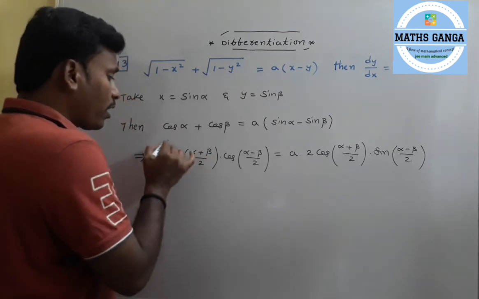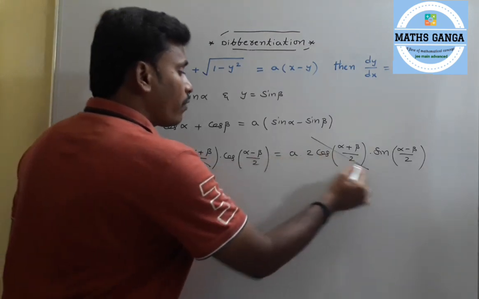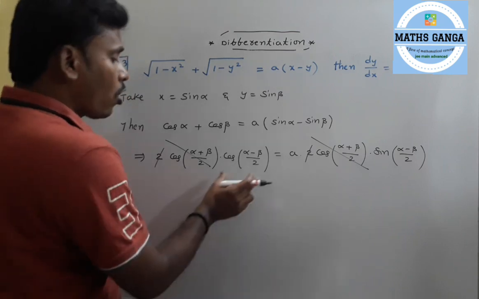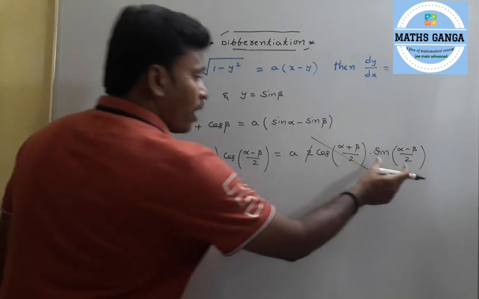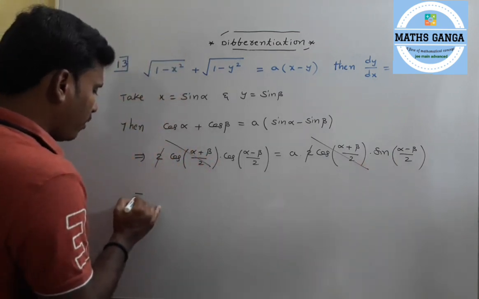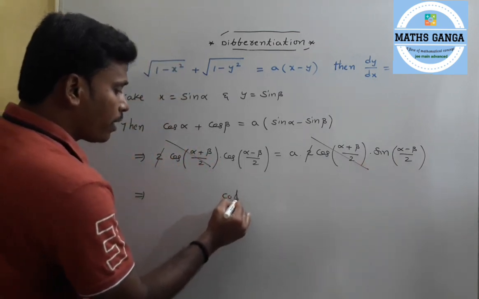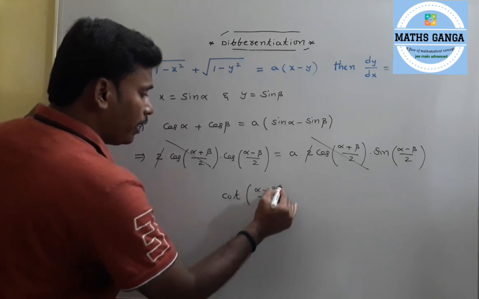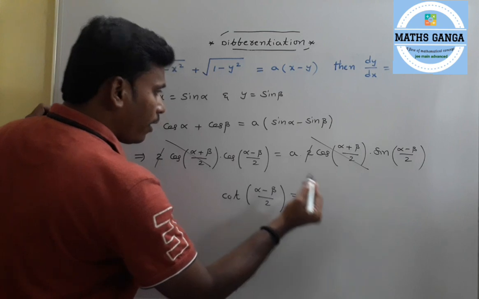Now just look here, cos of alpha plus beta by 2 along with these 2 gets cancelled. Now we have cos of alpha minus beta by 2 and sin of alpha minus beta by 2. Send this sin to this side. We have finally cos by sin, which is cot of alpha minus beta by 2 is equals to a.